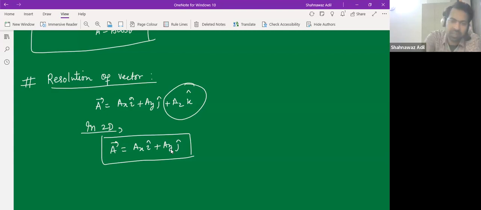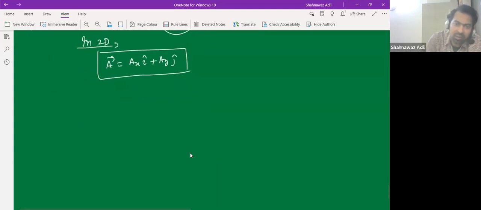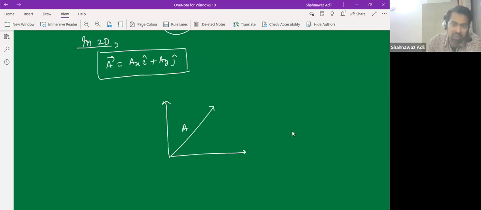Let's say you are given a vector whose magnitude is A. Then we can write this vector in two components. This is the rectangular representation of vectors. In rectangular representation, we can write any vector in two components.